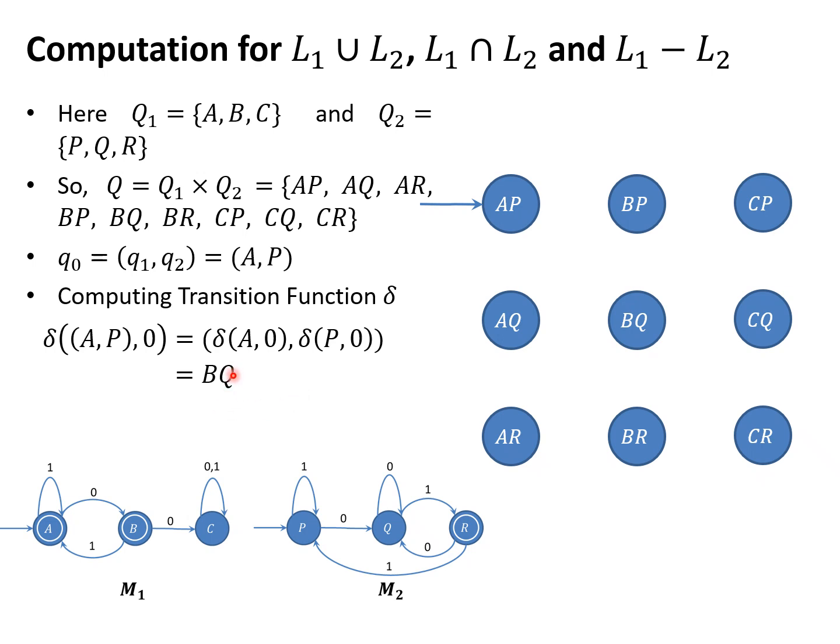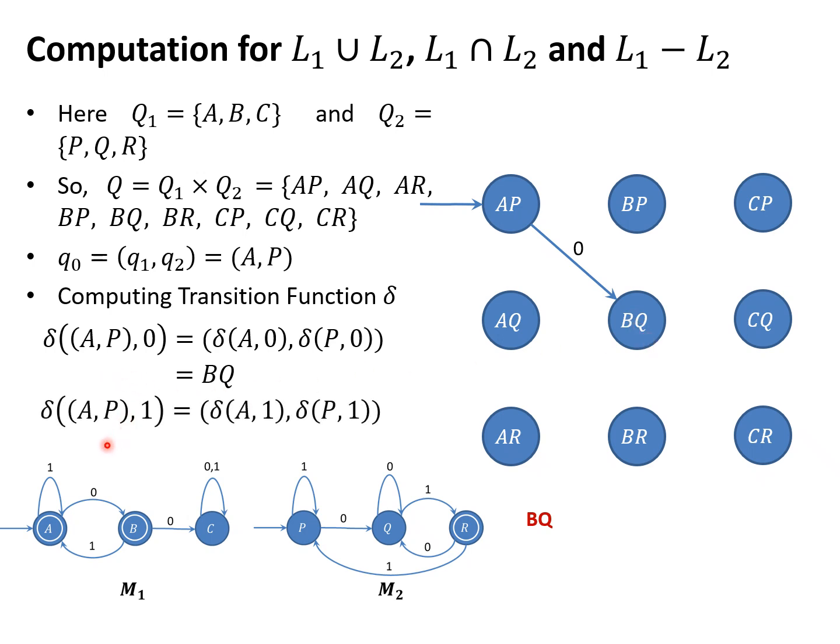Delta of A comma 0 will go to B, and delta of P comma 0 will go to Q. So we get BQ. That means from AP on 0, it will go to BQ.